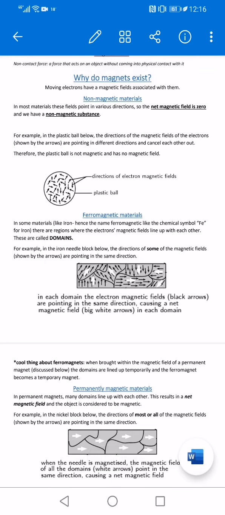We've got most materials. So talking about magnetic fields. Okay, so the moving electrons have magnetic fields associated with them, right? Now everything's obviously made up of atoms, so everything consists of electrons, and those electrons are moving, and each one of the electrons has its own magnetic field. Now, in non-magnetic materials, the fields point all over the place, okay?